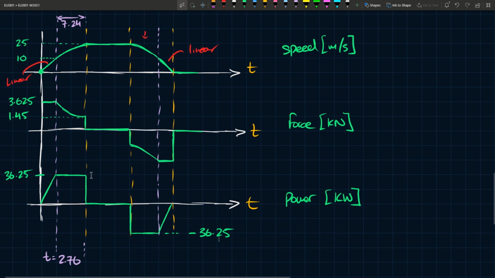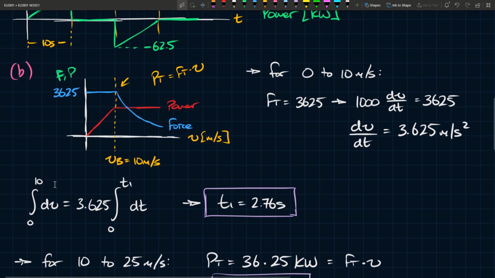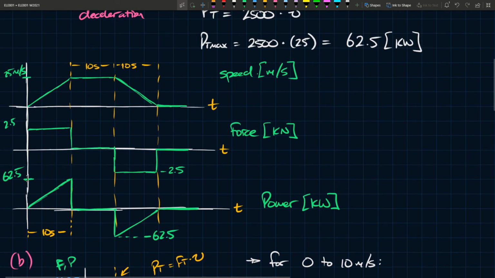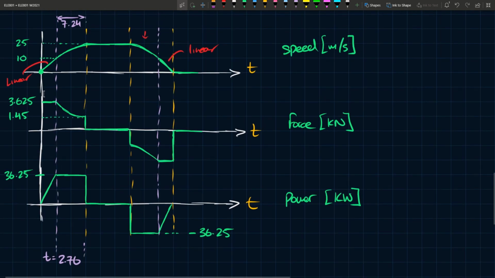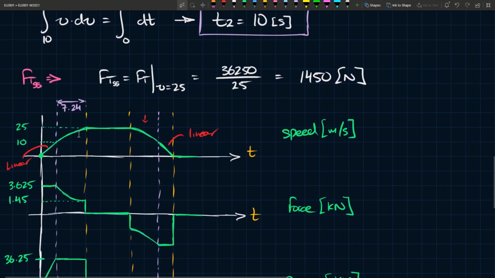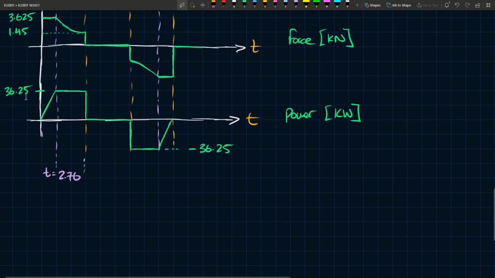However, the power requirements are minimized here. This is a 36.25 kilowatt maximum power, whereas this was a 62.5, right? So it's close to double, I guess. By using this mode of operation, you've decreased the power that you need.